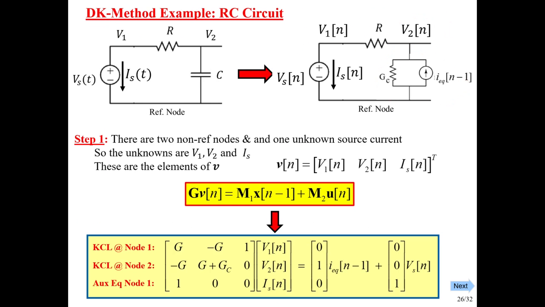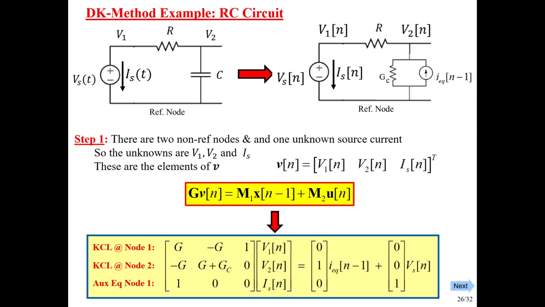Look, I'm trying to find this voltage as my output. What is it going to depend on? IEQ of n minus 1 or IEQ at n? Look, this is sitting here directly. And you'll see the same thing if there were an inductor in a circuit. It's VEQ of n minus 1 is explicitly in the circuit affecting the output at time n.